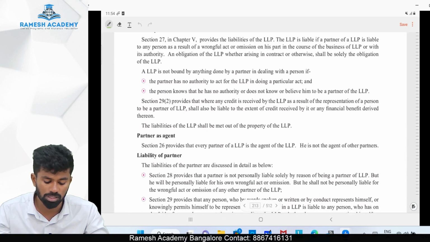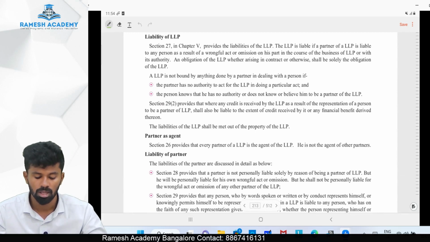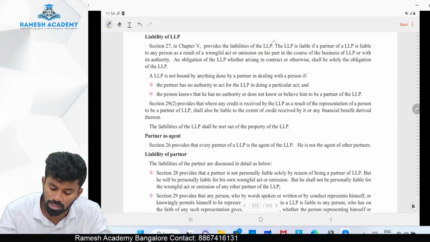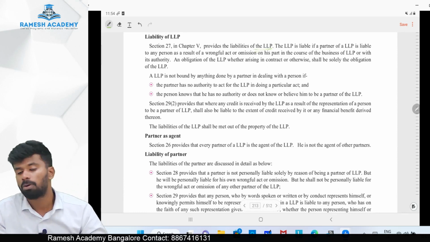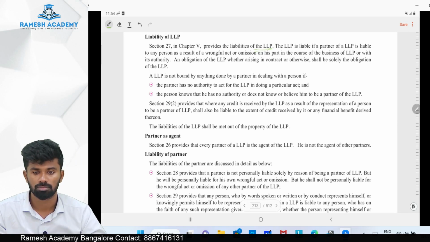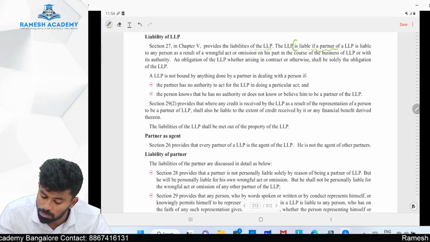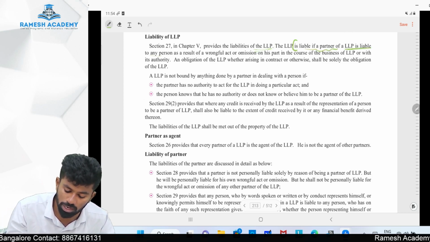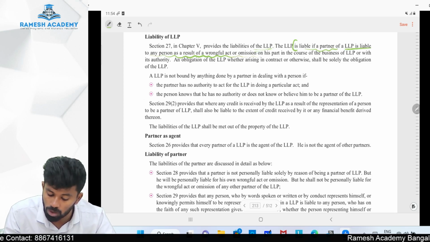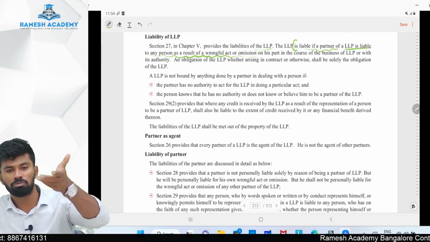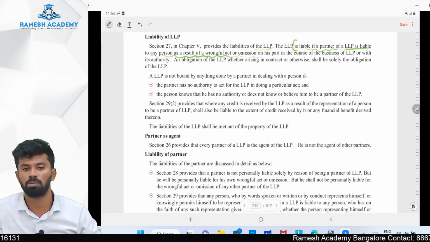Liability of LLP. Chapter number 5 provides that the liability of the partners is limited, not of the LLP. So the LLP is liable if a partner of the LLP is liable to any person as a result of a wrongful act or omission. Let's say we have a limited liability partnership.